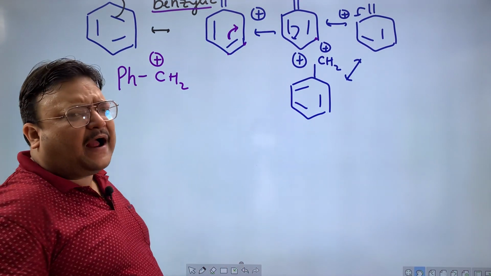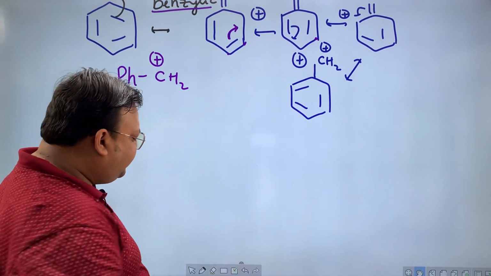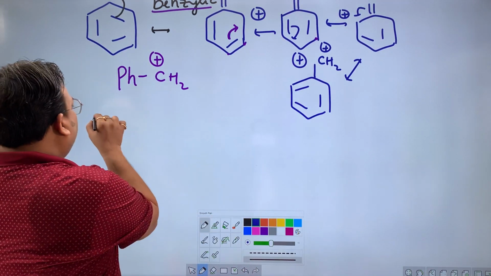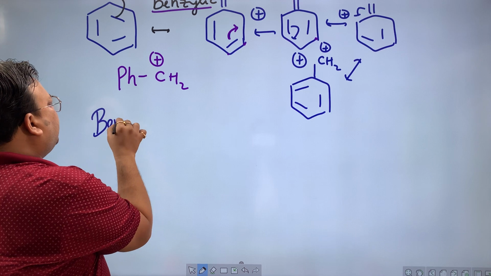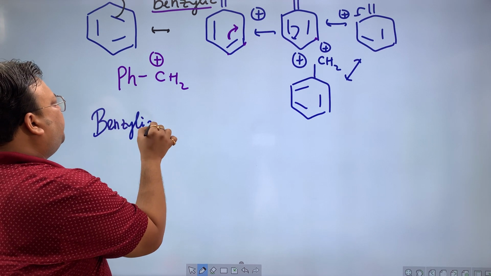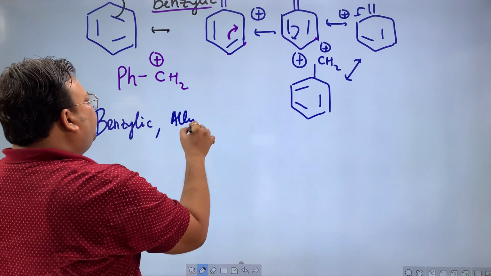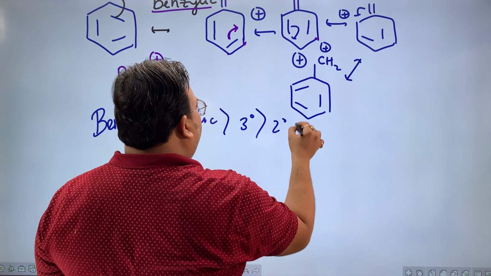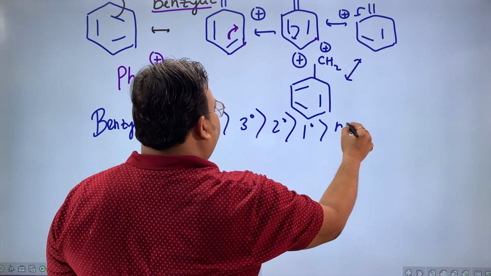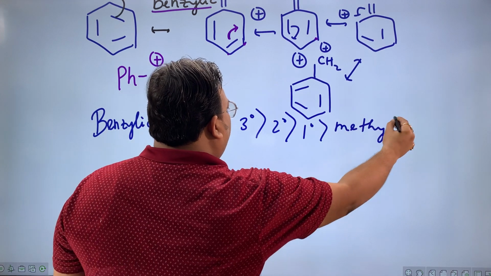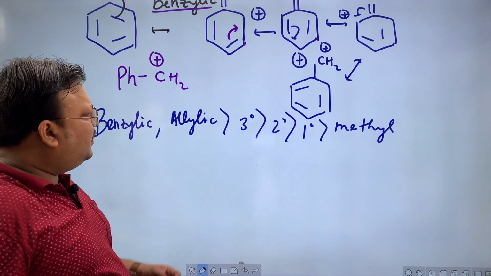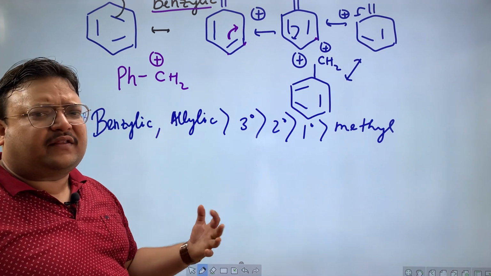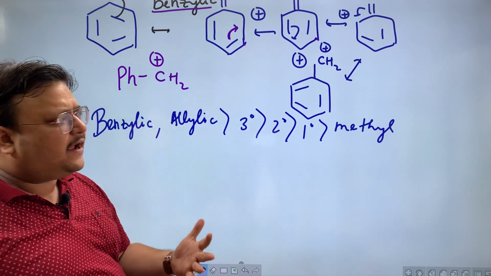We only talk about factors, in the sense that we realize now that an overall order like benzylic, allylic more than 3 degree, more than 2 degree, more than 1 degree, more than methyl is the order of stability of carbocation, and you know these are only factors because there is no end to it. There is no permanent question bank.